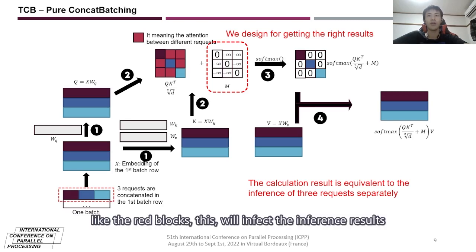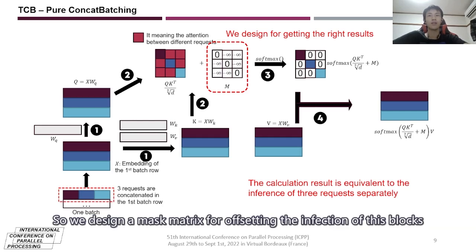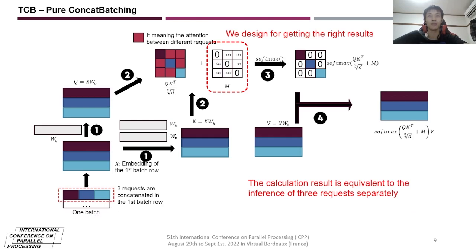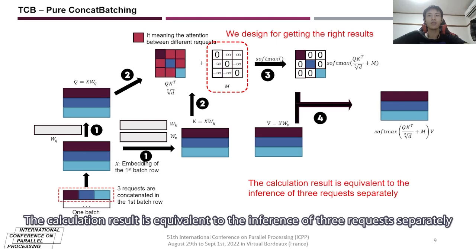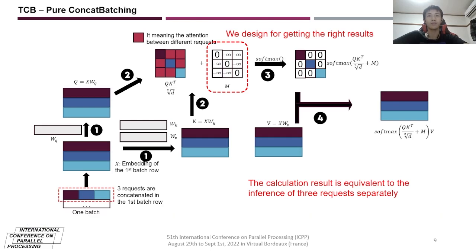This will affect the inference results. So we designed a mask matrix for offsetting the influence of these blocks. The calculation result is equivalent to the inference of 3 requests separately.